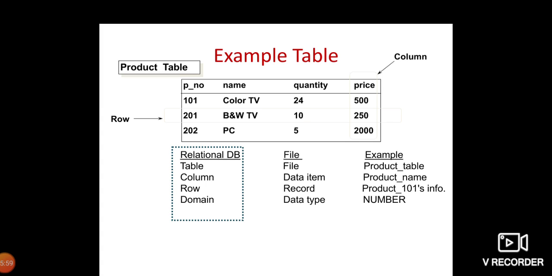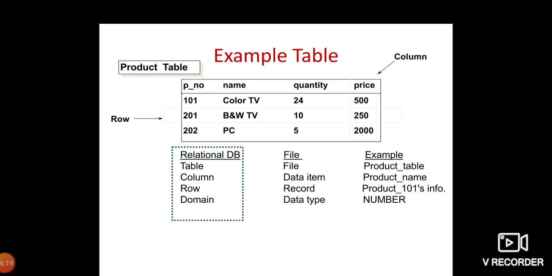One is a relational DB file, and what is there in the example in RDBMS, that is relational database. You're going to call this a table. Each data item you're going to call a column, each record a row, and a data type in a file will be called a domain here.